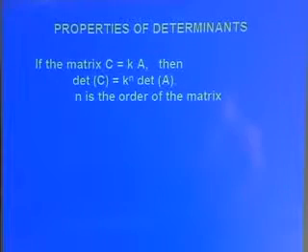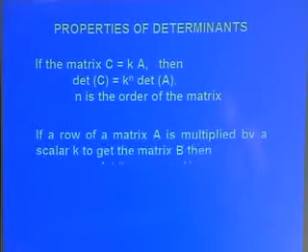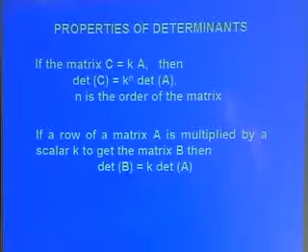Now if a matrix C is obtained by multiplying matrix A by a constant K, that means each and every row of the matrix A is multiplied by K, then determinant C is equal to K raised to the power n times determinant A, where n is the order of the matrix.